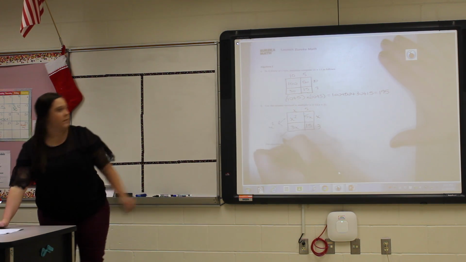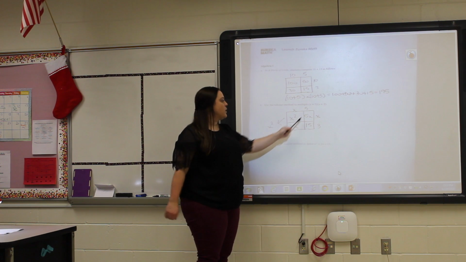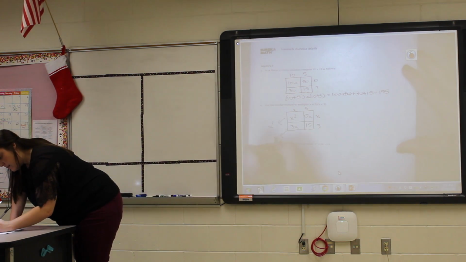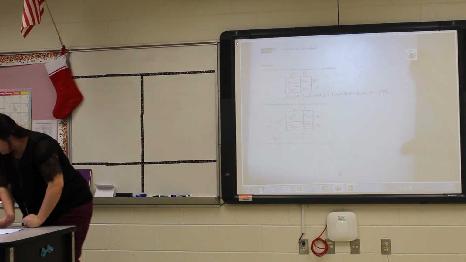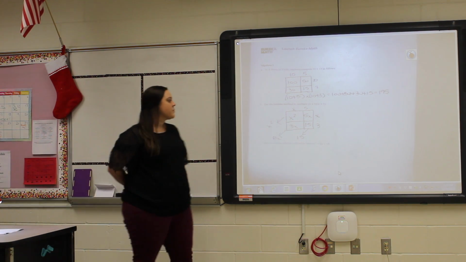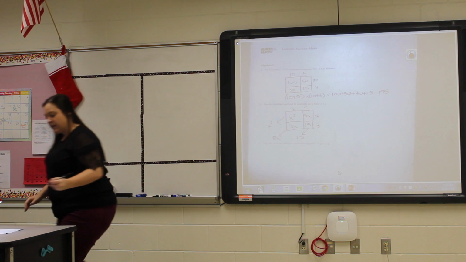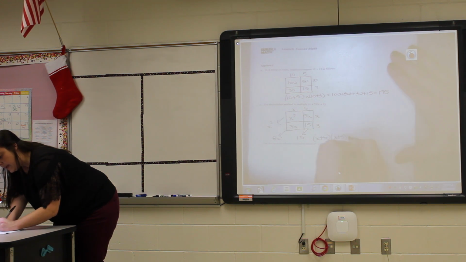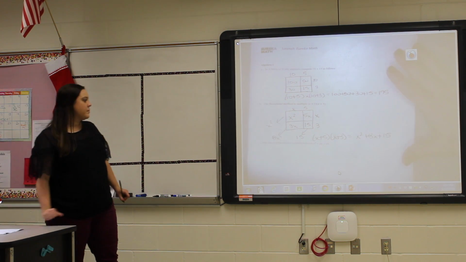Here we have the 5x and the 3x, which sum to give us 8x. And then here we have 15. This shows us that x plus 5 times x plus 3 is equal to x squared plus 8x plus 15.